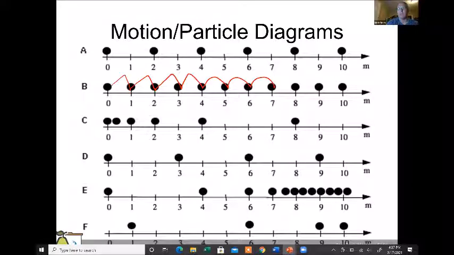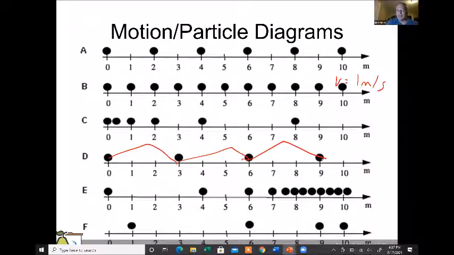So this thing is moving forward with a velocity of 1 meter per second. On the other hand, D is also going forward, but every second it's going this far, 3 meters, 3 meters, 3 meters. So this thing has a velocity of 3 meters per second. It's going faster.